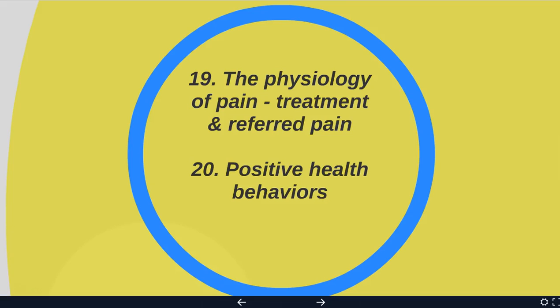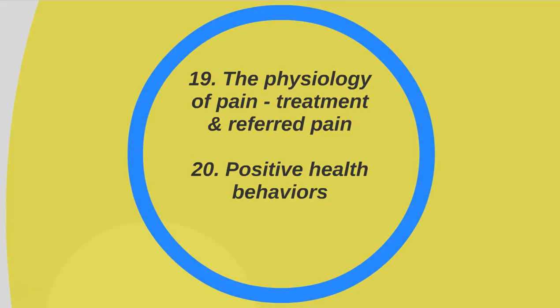So lastly, positive health behaviors. I don't know how much patient teaching you guys are going to be doing in your settings, but the goal of patient teaching is to influence positive health behaviors. And so we want to encourage patients to be compliant with the medical treatment plan that the provider has laid out for them.